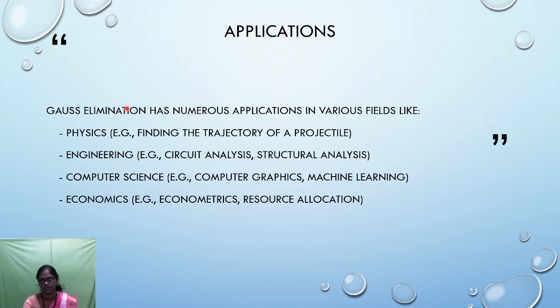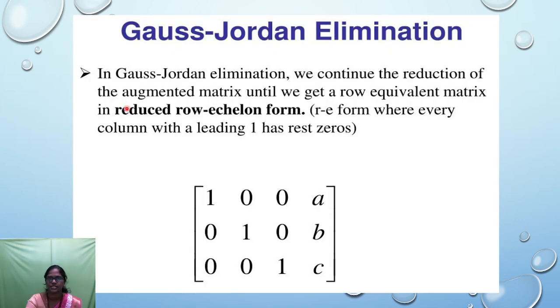Okay, then we are going to discuss the Gauss-Jordan elimination method. The same concept, this is an updated version of the Gauss elimination method. Here we convert the given augmented matrix into an identity matrix.